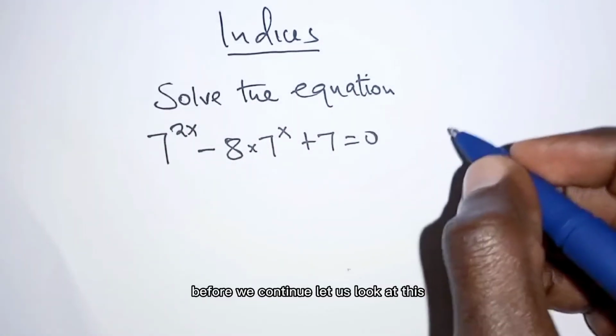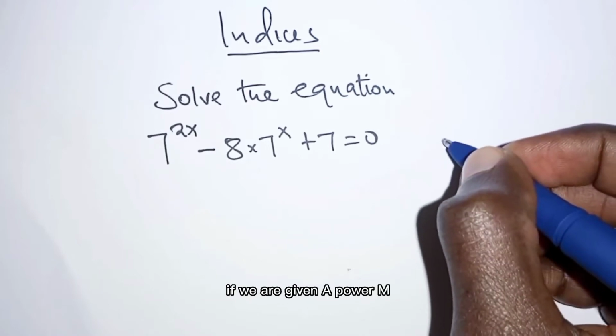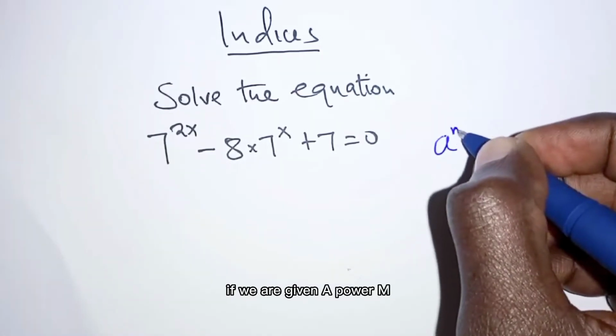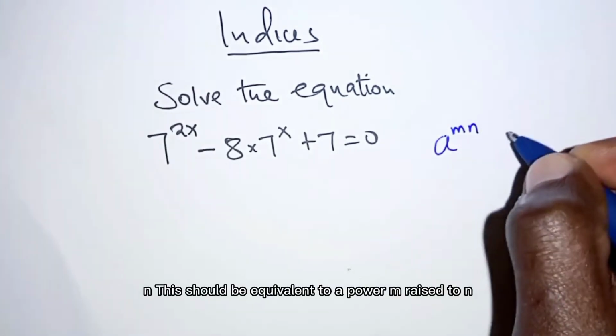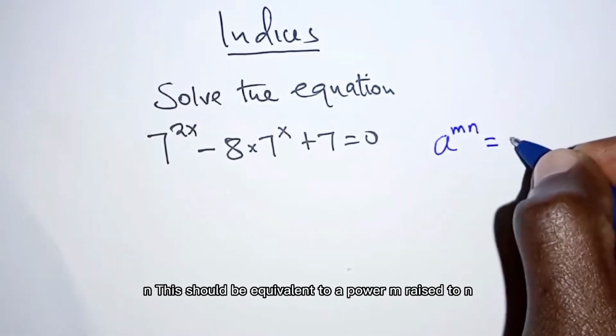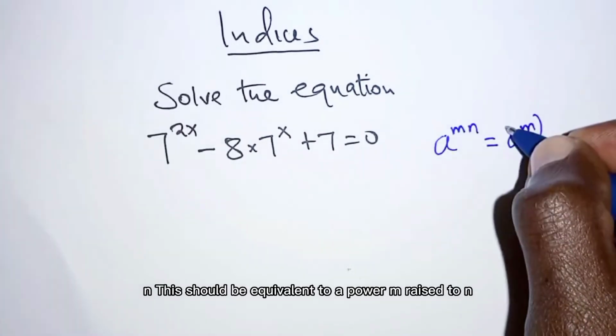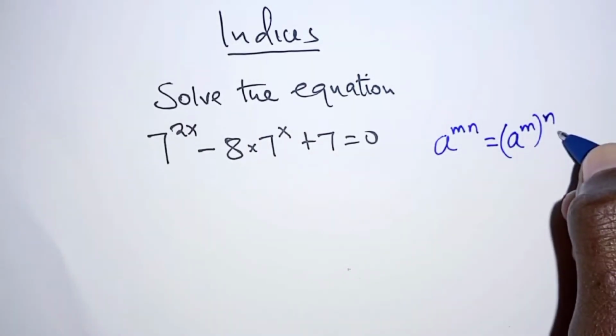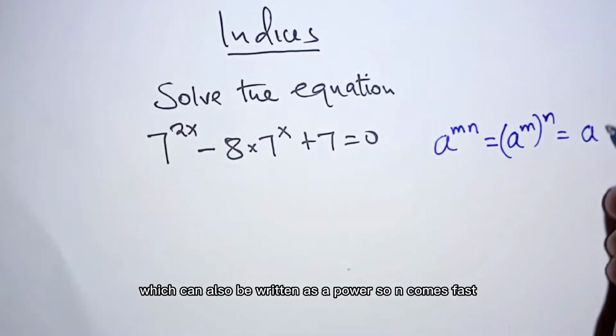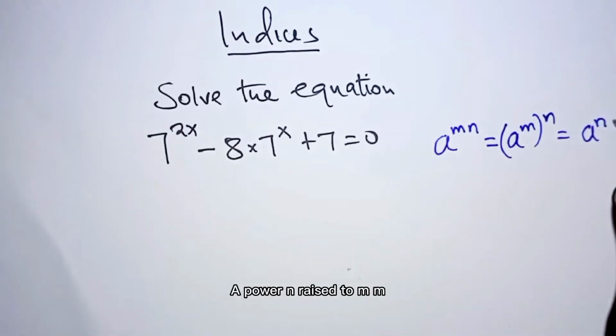Before we continue, let us look at this law of indices. If you're given a power m n, this should be equivalent to a power m raised to n, which can also be written as a power n raised to m.